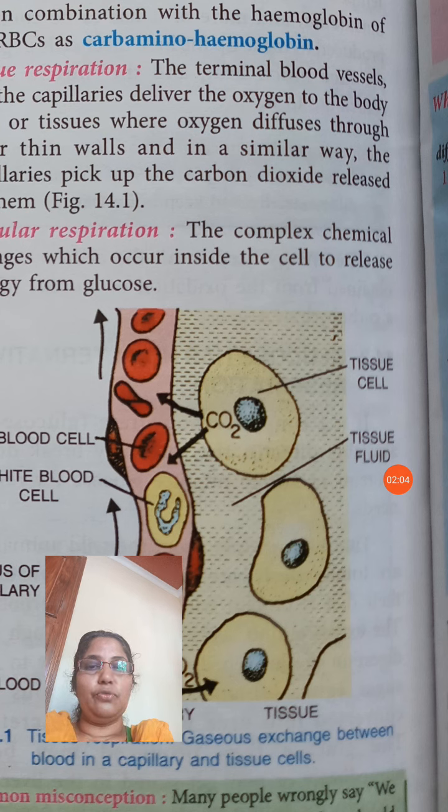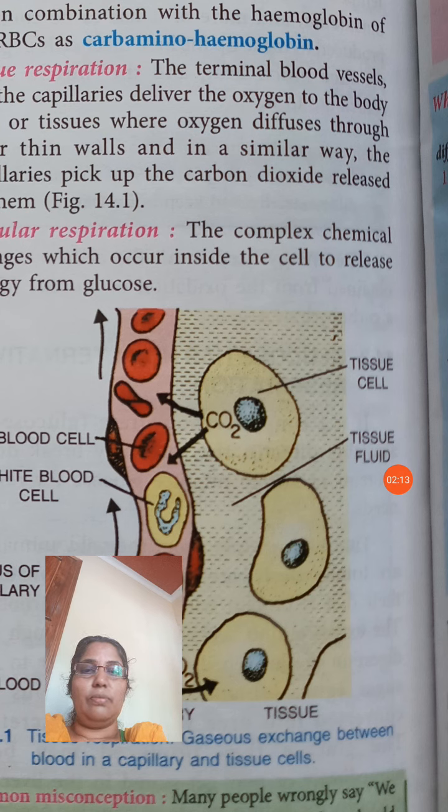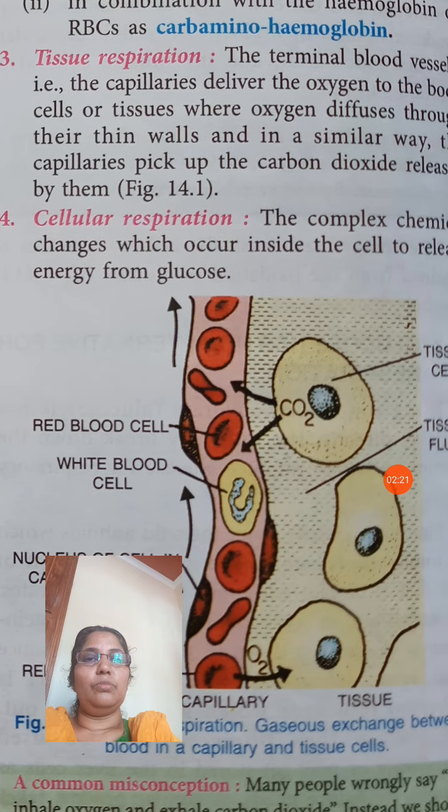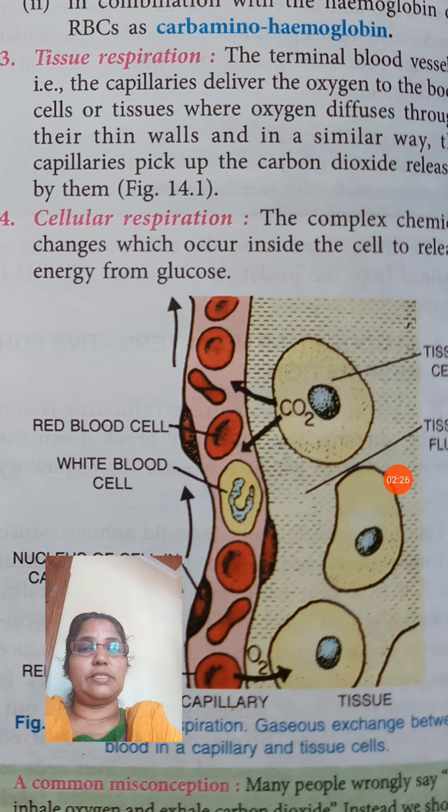Through the tissue fluid, oxygen can reach the cell, and carbon dioxide also diffuses out. Sometimes it may be through the tissue fluid or directly into the blood. It can move in and out. That is the tissue respiration.